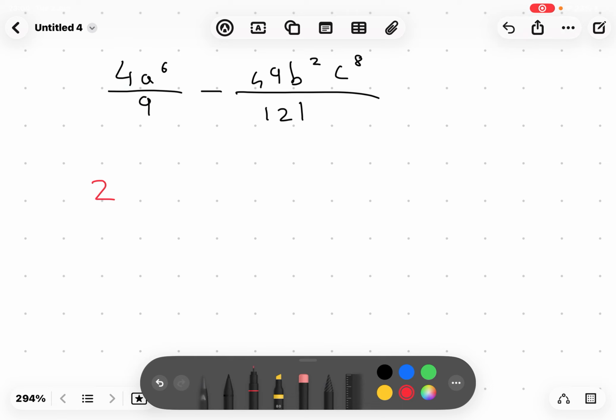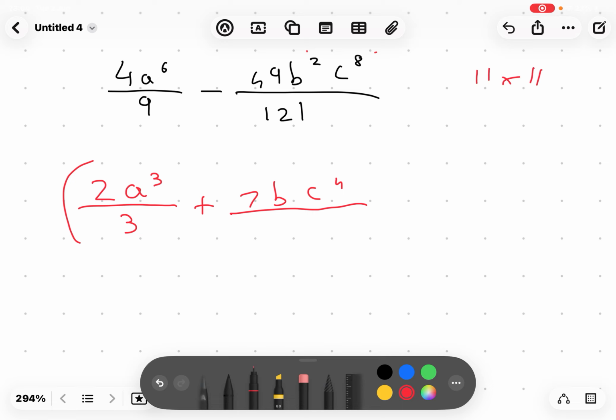So 2a3, 3, because 3 times 3, basically you should know it by now. Also in brackets, plus, now we do this one, 7. This is going to be B, this is going to be C4, and then this is going to be 11, because 11 times 11 is 121, 11.